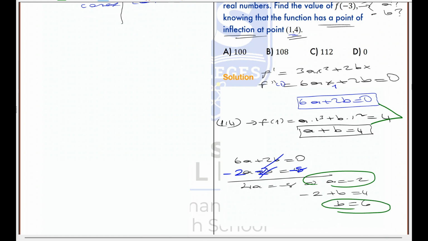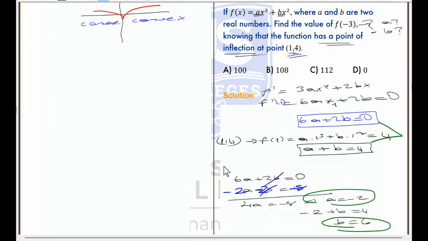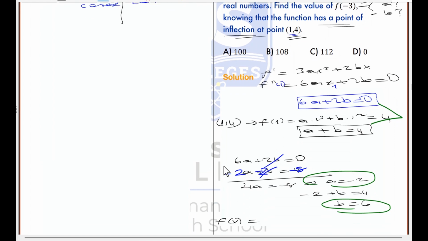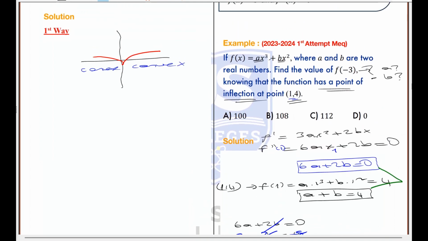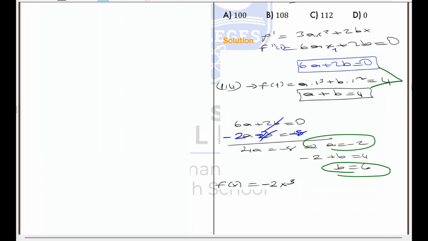Now I can evaluate the function at -3. So what is f of x? By using these two unknowns, a, which is -2, times x cubed, plus b, which is 6, times x squared.